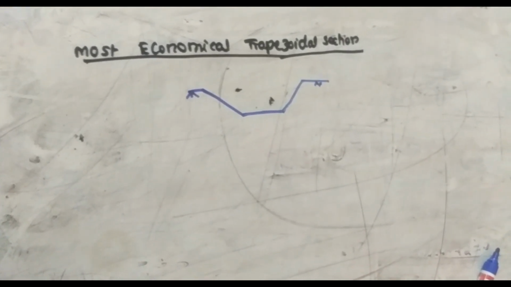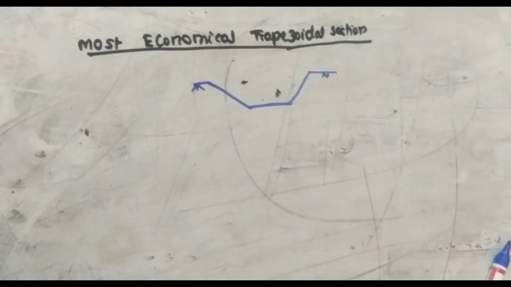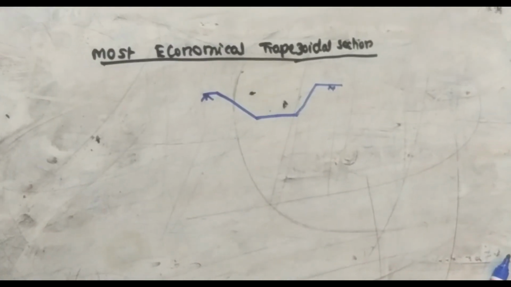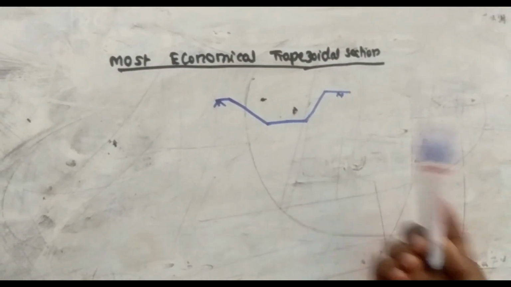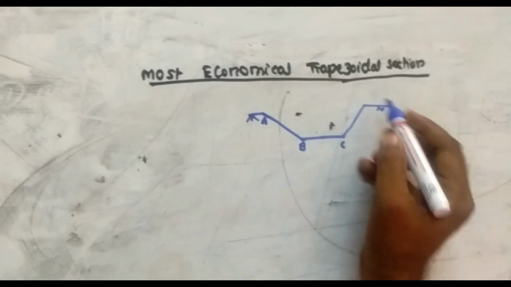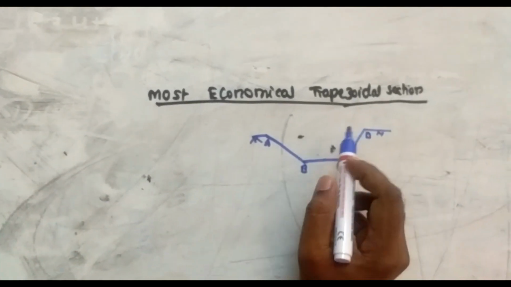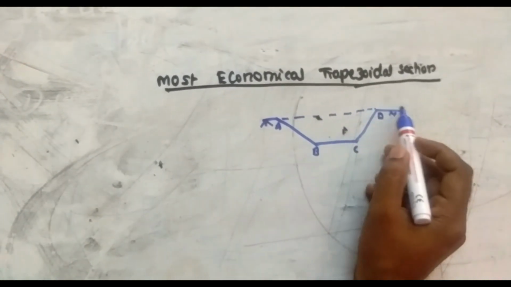Here is the canal cross section. I can name it A, B, C and D. This is the canal section and this is the water.